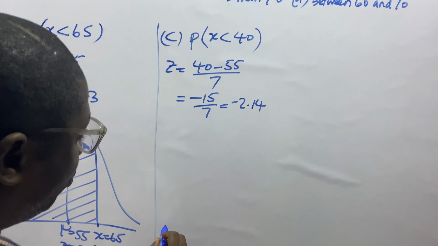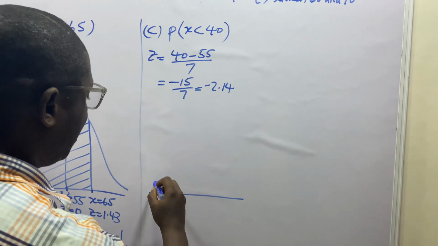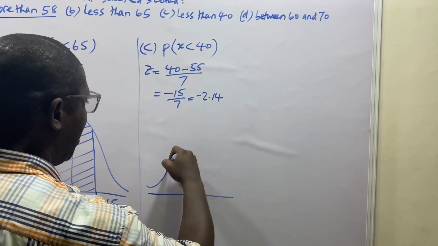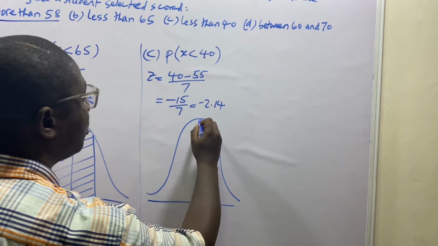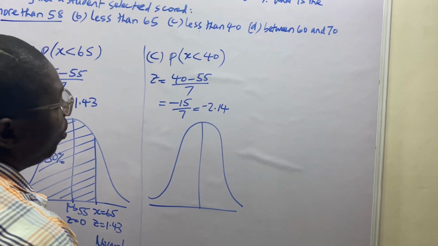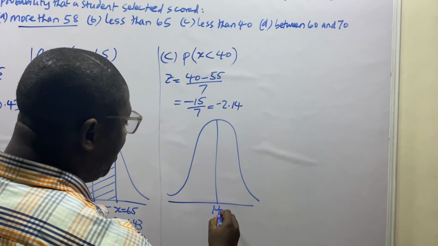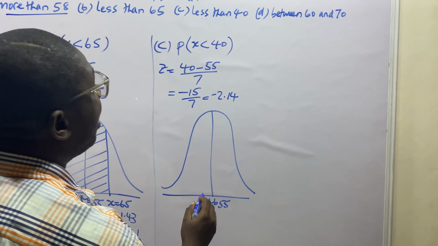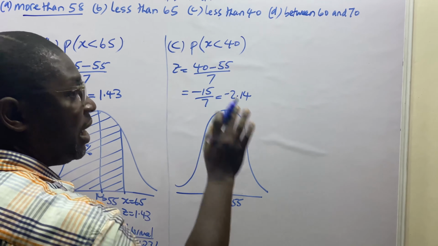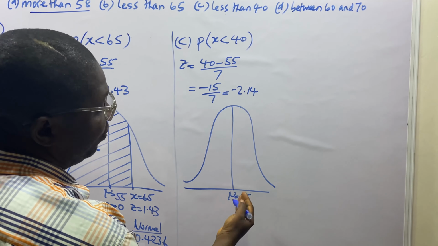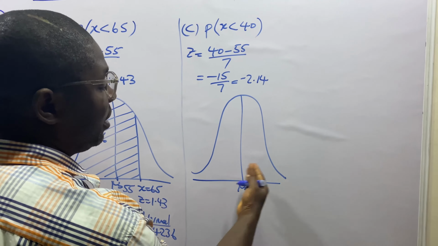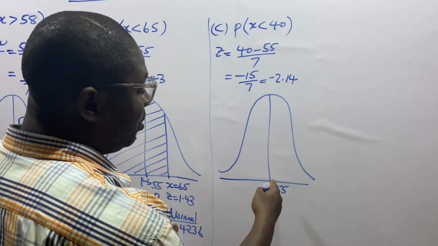Next thing we do is to represent this in our table, in our graph, or in our curve. We know that mean here is 55, and then we're looking for those that score less than 40. Less than 40 is going to be at what side of the mean?